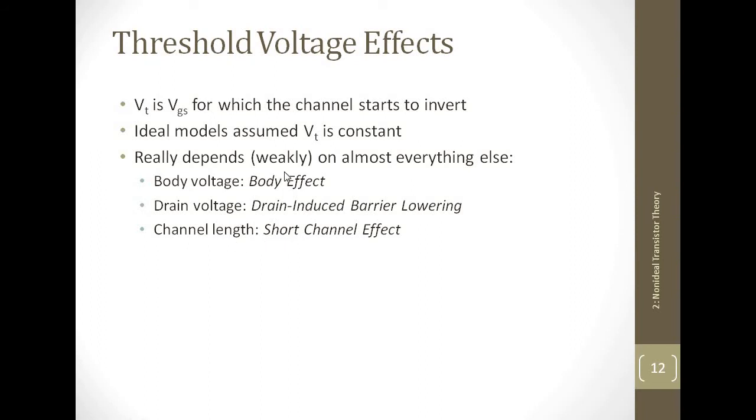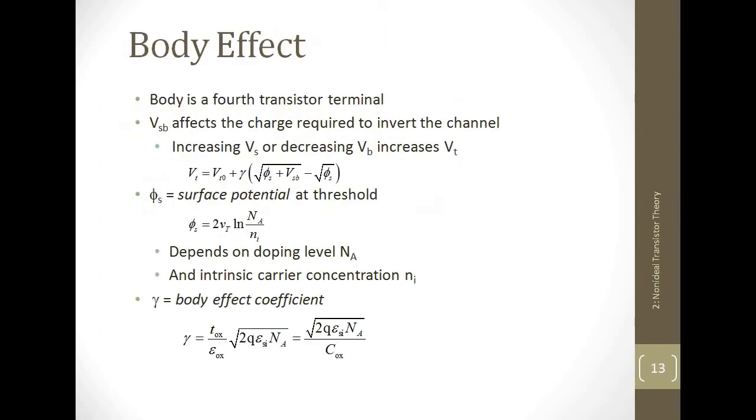So a change in the threshold voltage is affected by the body effect, DIBL (drain induced barrier lowering), and the short channel effect. Let's see what the body effect is. Body is the fourth terminal of the MOSFET. Generally we consider the MOSFET terminals as source, gate and drain; we take another terminal as the body or substrate.